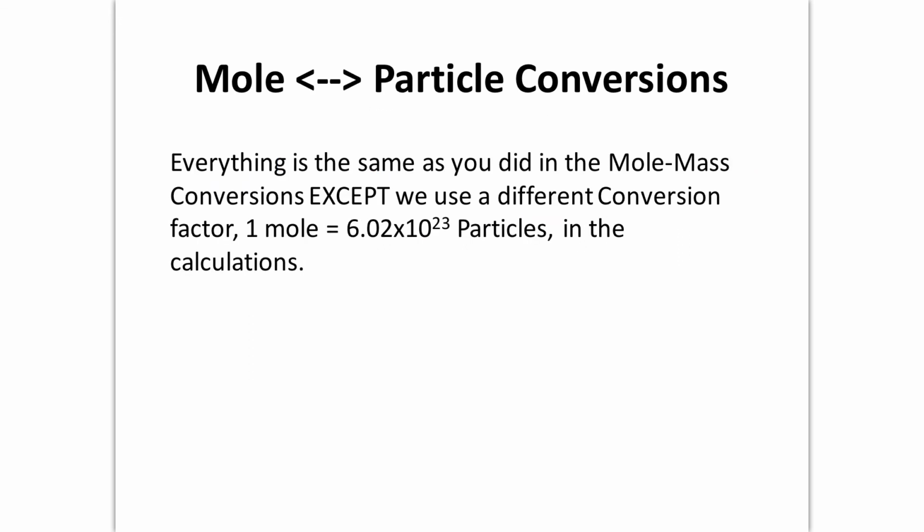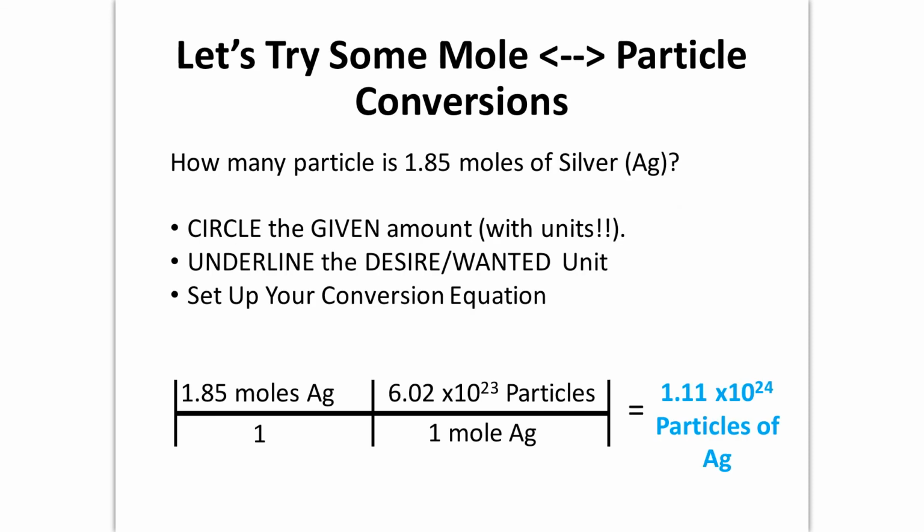When you do mole to particle conversions, everything is exactly the same, except instead of using 1 mole equals the molar mass, we're going to use 1 mole as this many particles. All right. So, but the process, the setup, everything else is the same. Okay, so now we're going to try moles to particles. So here we go.